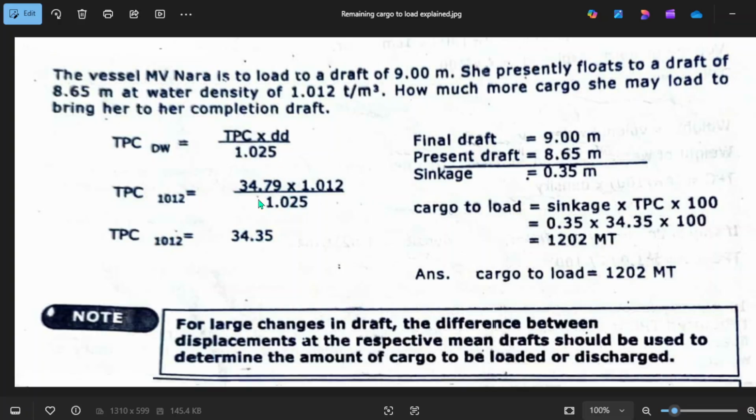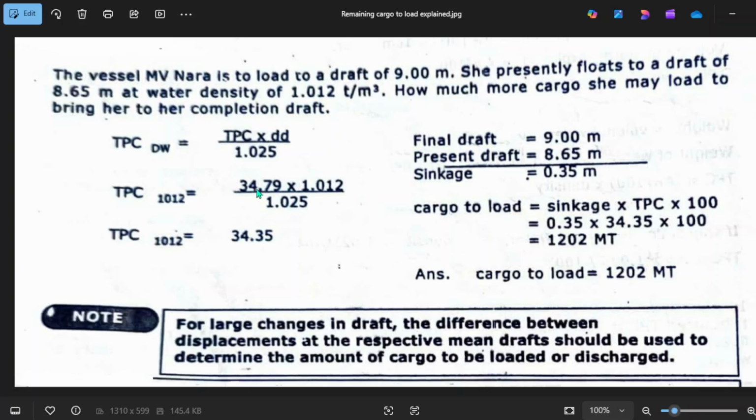Look, guys, the answer to this formula, you will transpose from dock water to seawater. So this will be the seawater. Okay. Take note, guys. In the local density of floating in a density of 1.012, the TPC is 34.79.